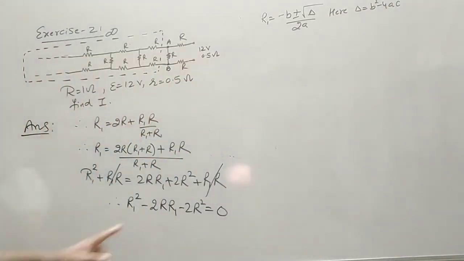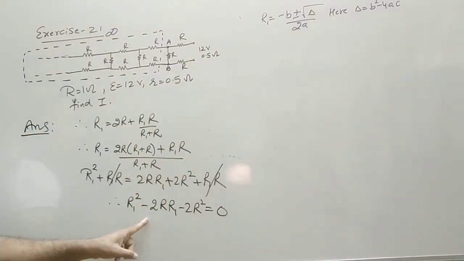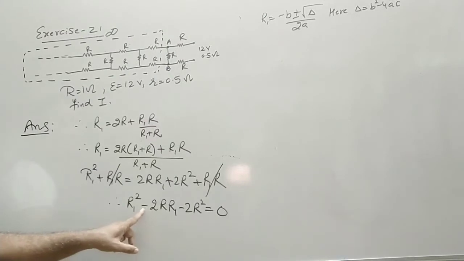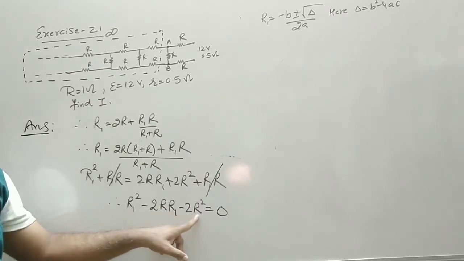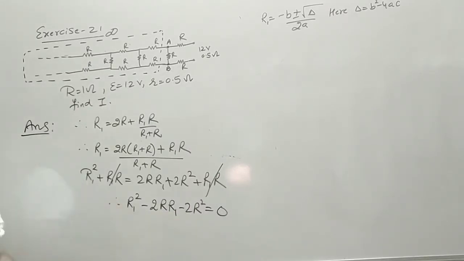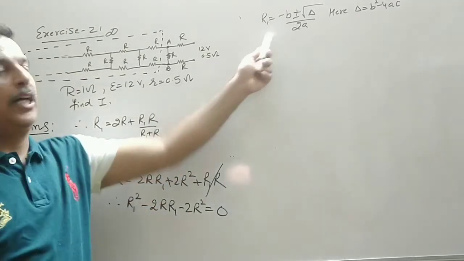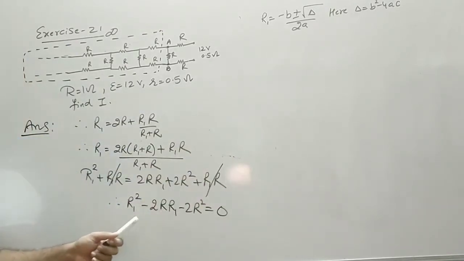So I compare this equation. So b is equal to minus 2R, c is equal to minus 2R square, a is equal to 1. So I can use this discriminant method and find out the roots of R1, and that will be the equivalent resistance.